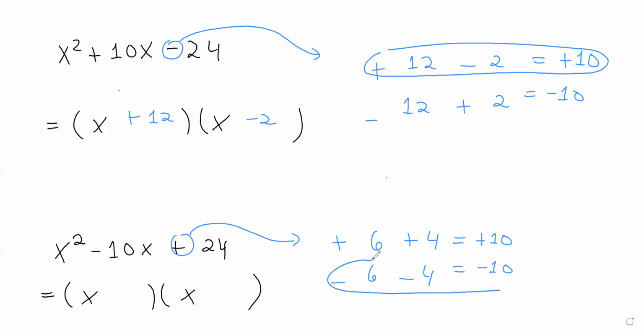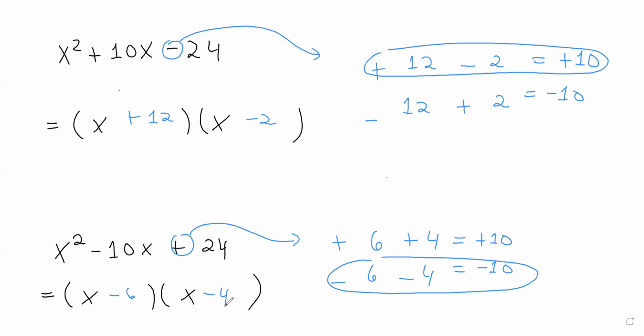This is the combination of signs that I want. Again, negative 6 times negative 4 does give positive 24, and negative 6 minus 4 gives the middle term. If you get comfortable, I love these two examples. When you see them back to back, it's really helpful. If you're comfortable with that, you'll do great.